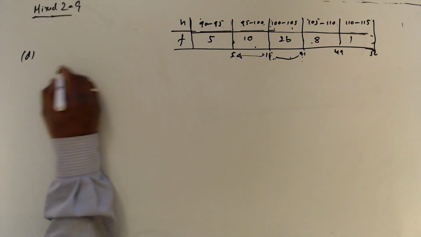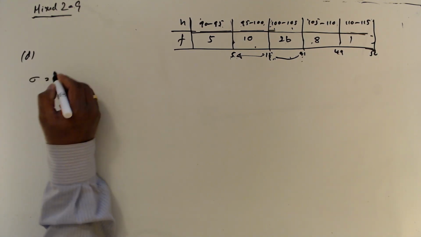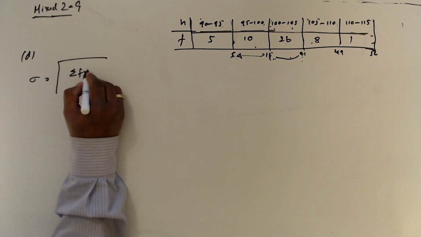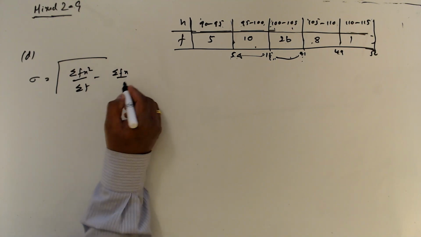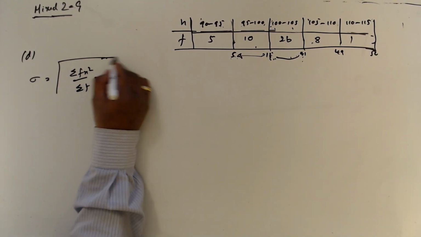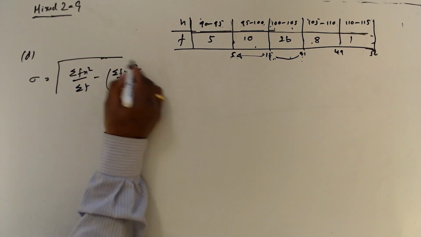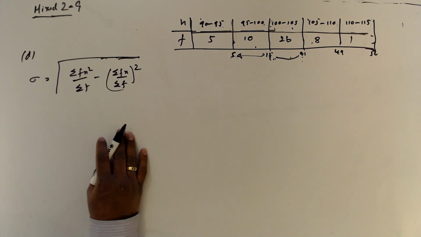We want to find the standard deviation, part D. So standard deviation equals the square root of summation fx square over summation f minus summation fx over summation f, squared. I will teach you how to keep this one in your memory.